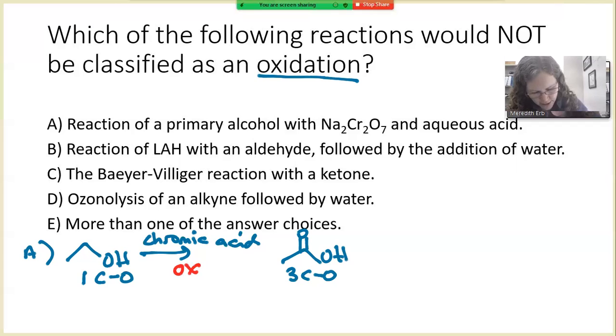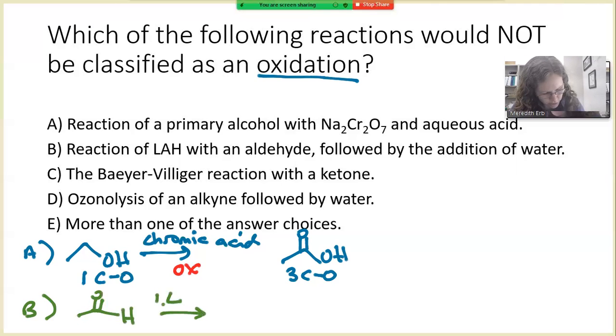Okay, let's take a look at B. B, we have reaction of LAH with an aldehyde, followed by water. LAH, for our purposes, we talked about as having an H minus. So H minus is going to act as our nucleophile in this instance.